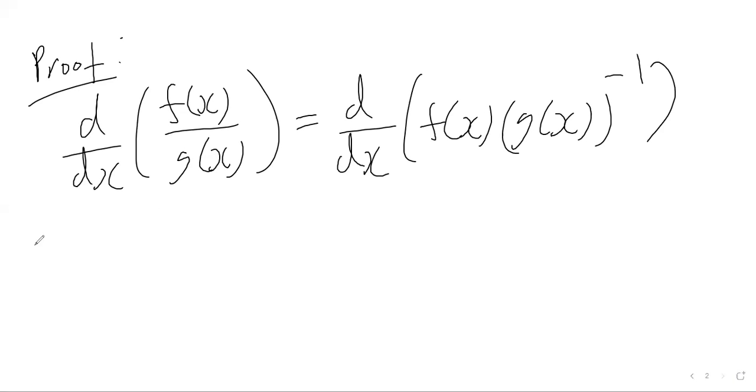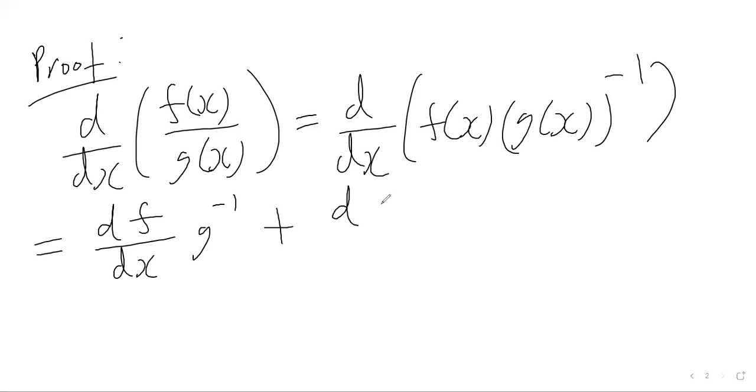Using the product rule, we differentiate one function, times it by the other, and then add that to the derivative of the second function multiplied by the first function. So we differentiate f with respect to x and multiply that by g to the -1, and then add that to the derivative of g to the -1 with respect to x multiplied by the f function.